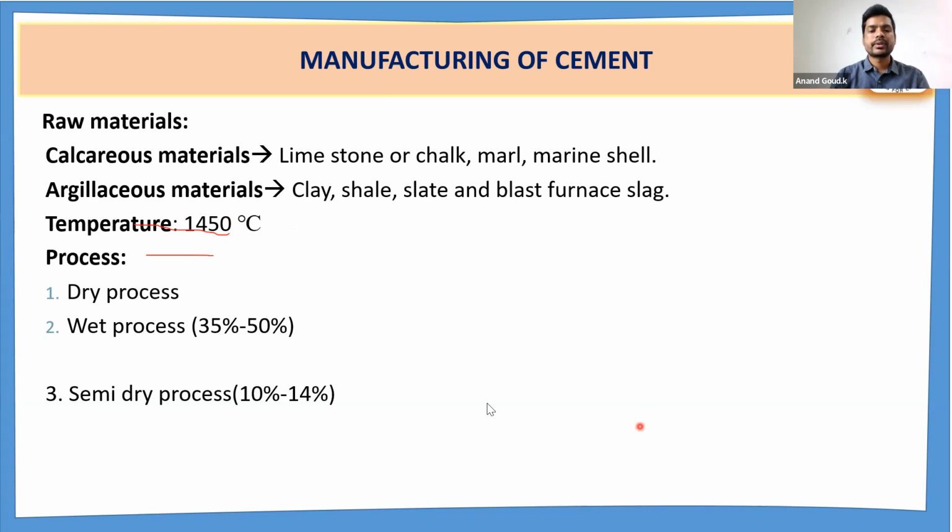The temperature of this particular cement manufacturing is 1450 degrees Celsius. We are going to burn these materials around 1400 to 1600 degrees Celsius. This is the range of temperature.